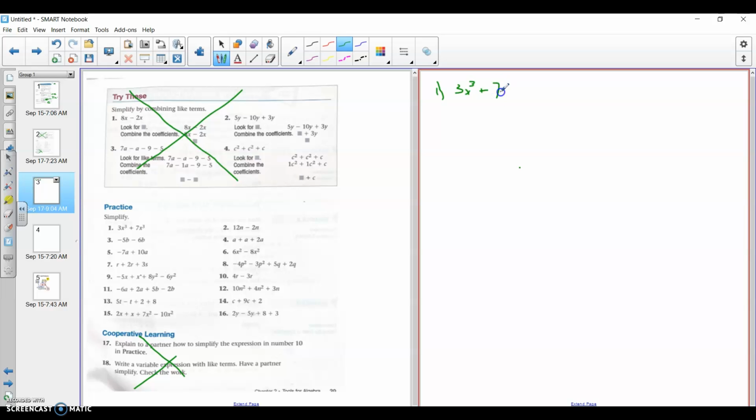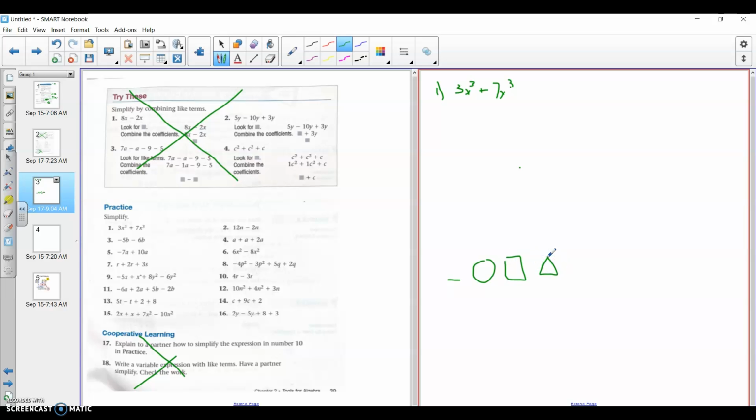plus 7x to the third. And I'm going to tell you, go ahead and use my trick. Okay, I'm going to write it big down here. You're probably going to want to put it at the top of your page. But my trick with the underline and the circle and then the square and triangles.